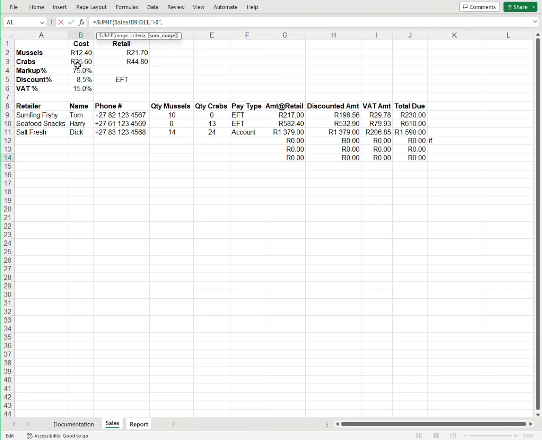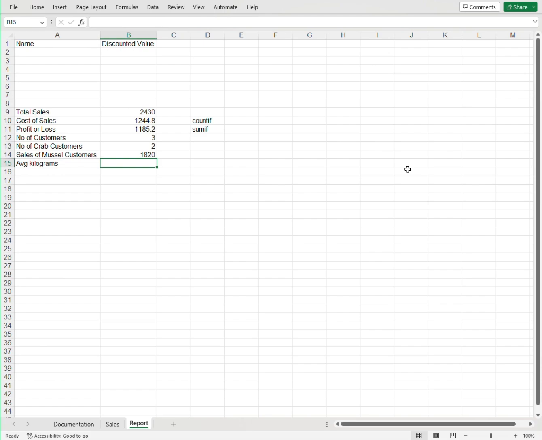This is the last thing that I'm going to deal with. They are saying here, in cell B15, calculate the average number of the whole kilograms of seafood sold, the mussels and crabs. How do we do that? They are saying calculate the average whole number. So as you can see, you are required to use both functions, the int and average.